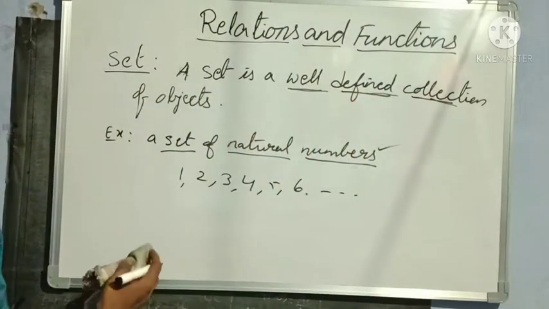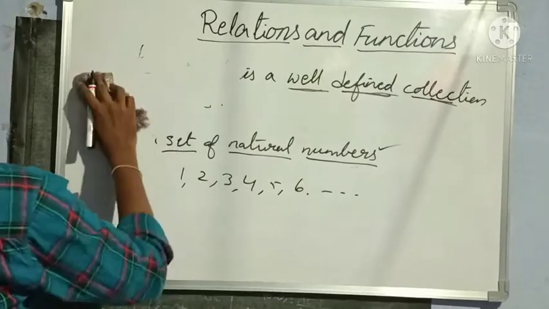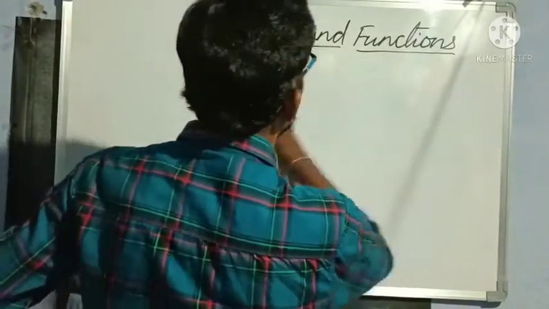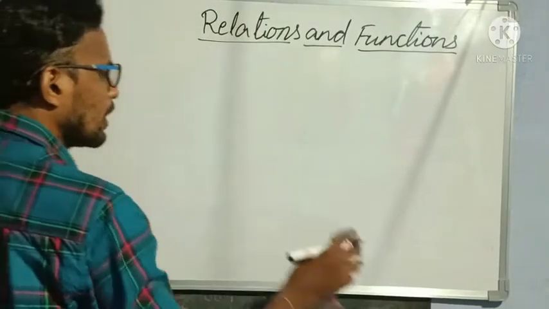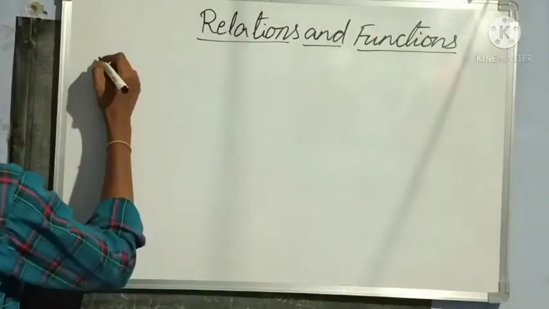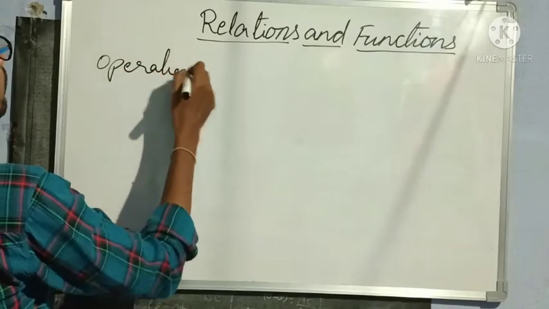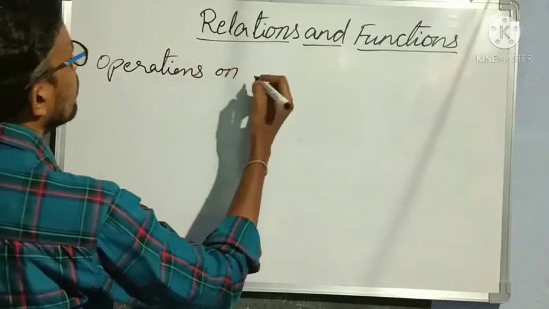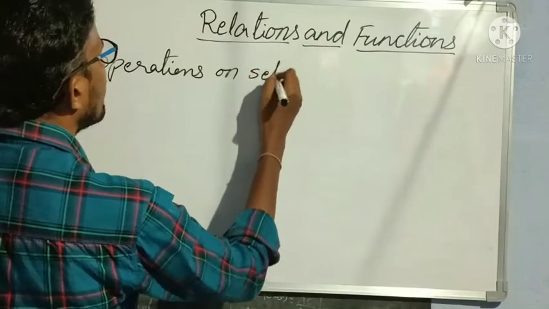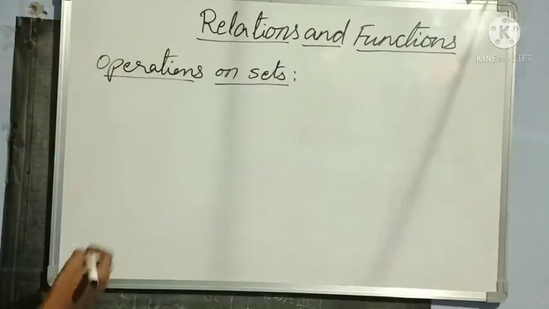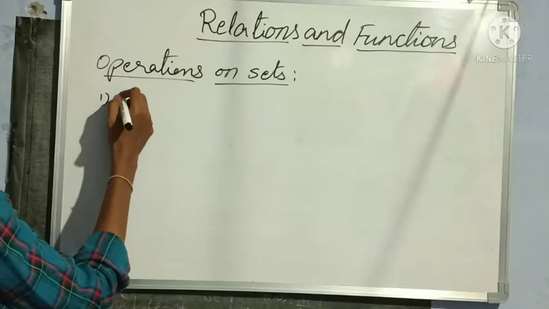Next we will see about operations on sets. Already I have explained all this in my previous videos, just a brief explanation once again I am giving. If anyone is missing, just go through those videos, you can understand. So the first operation is intersection.